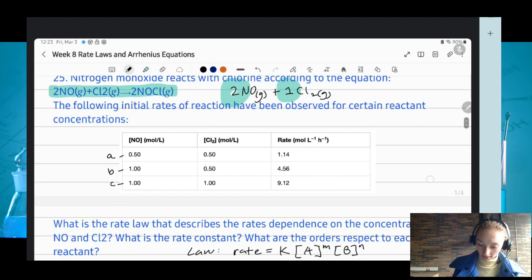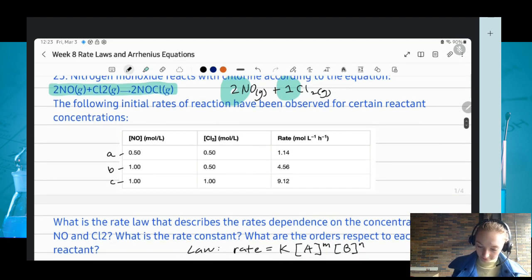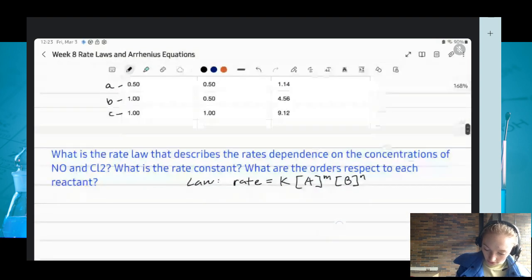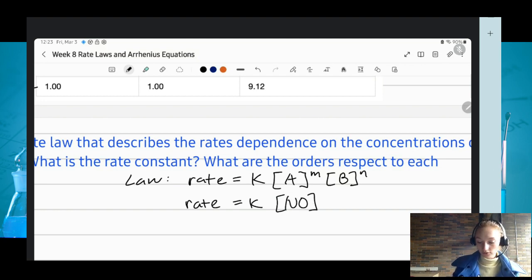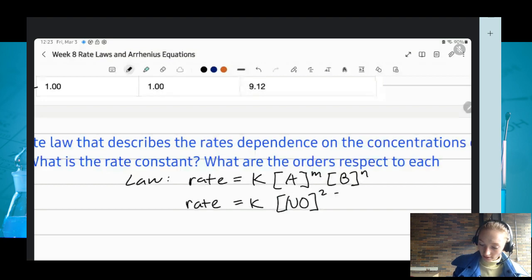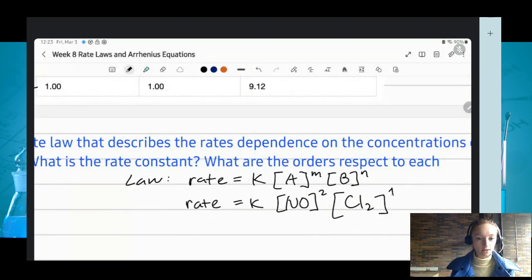So rewriting the rate equation, the rate will equal the K constant times the concentration of the NO. Since it has a coefficient of 2, it'll have the order number of 2, and then multiplied by the concentration of the chlorine gas. And it had a first order, so it'll have an exponent of 1. So that is the rate law of this specific equation.